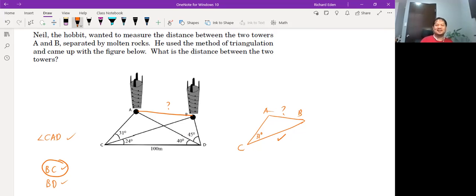So we take whatever CAD is, and 100 over sine CAD is equal to CA over sine 40. Okay, we can find CA. And this is SAS. So since we have SAS, we can just use the cosine law to find AB.